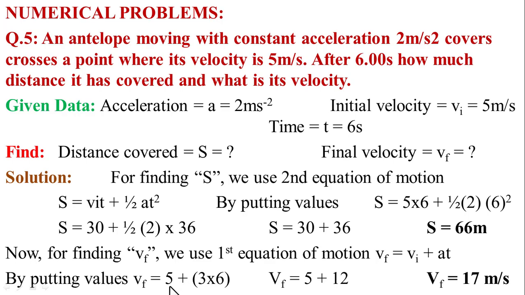So 5 is initial velocity plus 2 is acceleration multiplied by 6 is time. So Vf is equal to 5 plus 12. Here value is 2, 6 2s are 12. We write 12. 12 plus 5 is equal to 17 meter per second.